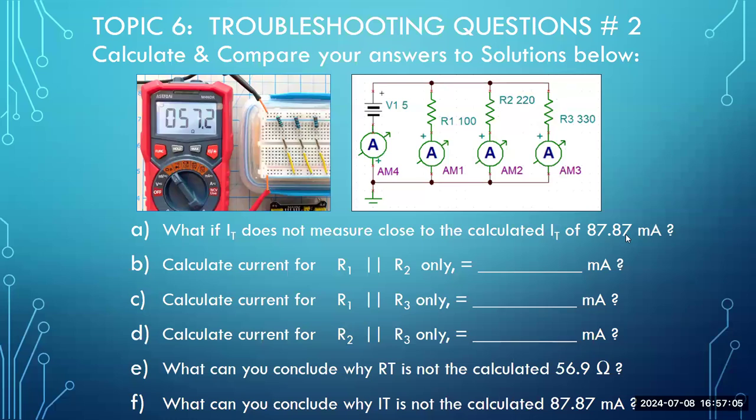So if it's measuring something other than 87.87 milliamps, it could be one of the previous fault conditions we discussed a moment ago, and that is one of these branches could be defective. One of these branches could be miswired, leaving only 2 branches intact.